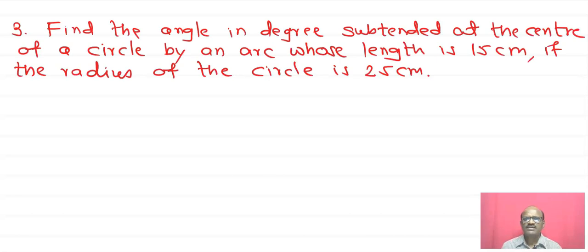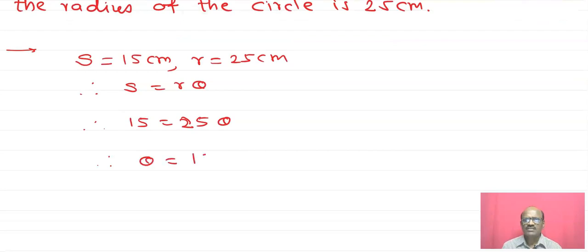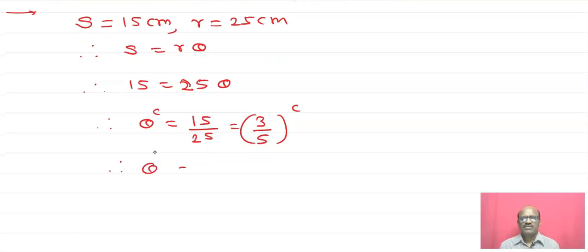Now the next is: find the angle in degrees subtended at the center of a circle by an arc whose length is 15 centimeter, if the radius of the circle is 25 centimeter. Here length of the arc is 15 centimeter, r is equal to 25 centimeter. S is equal to r theta. Therefore 15 is equal to 25 into theta, that is theta is equal to 3 upon 5 radian.